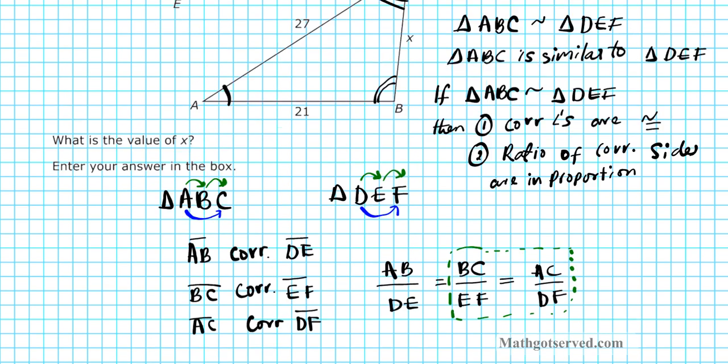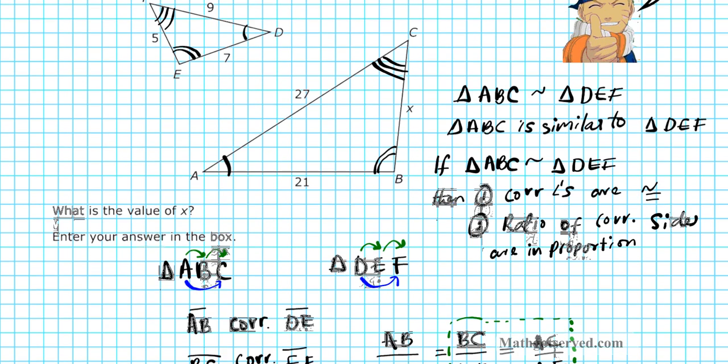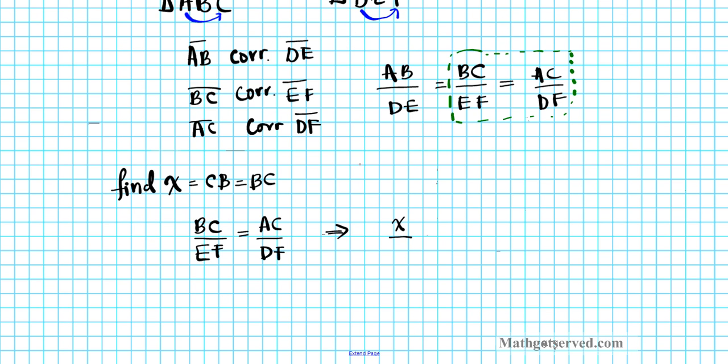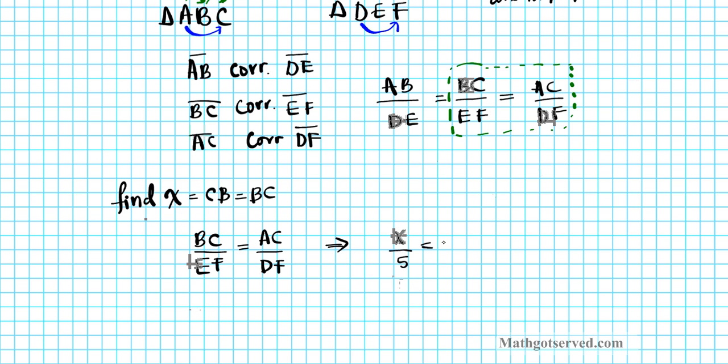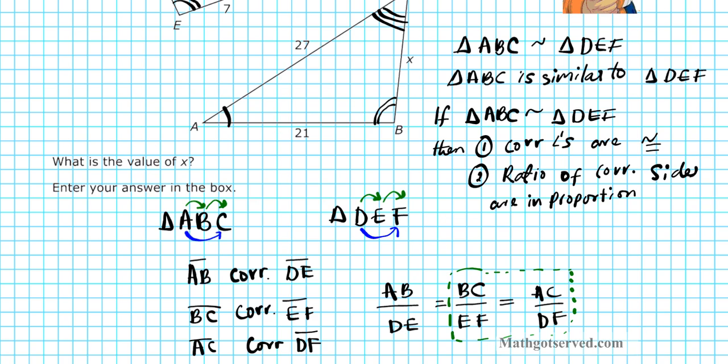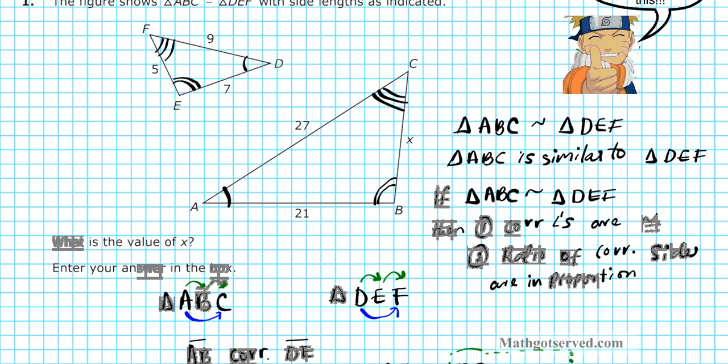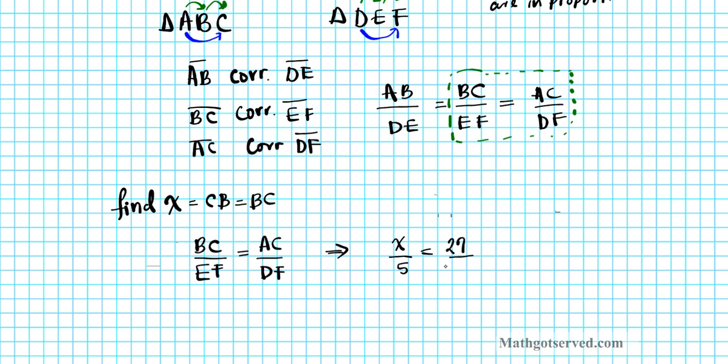EF is 5. AC on the big triangle is 27. And then DF on the small triangle is 9. All right, so we have this ratio, this proportion. Now we can solve for x.